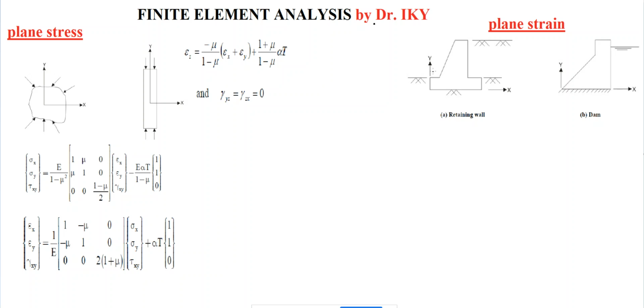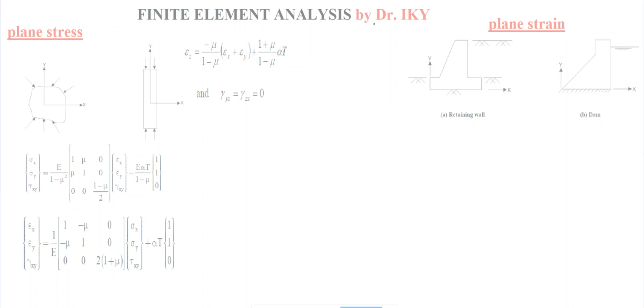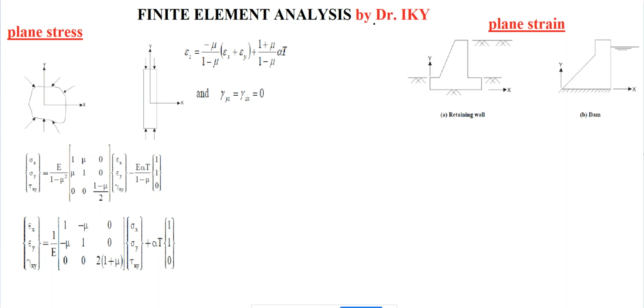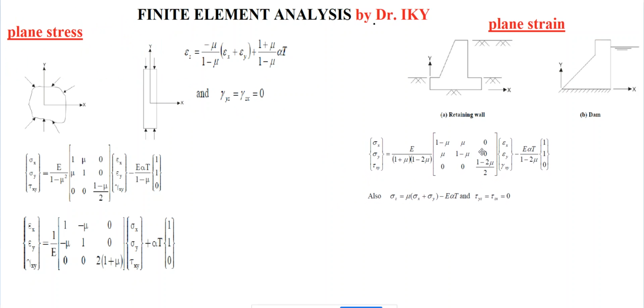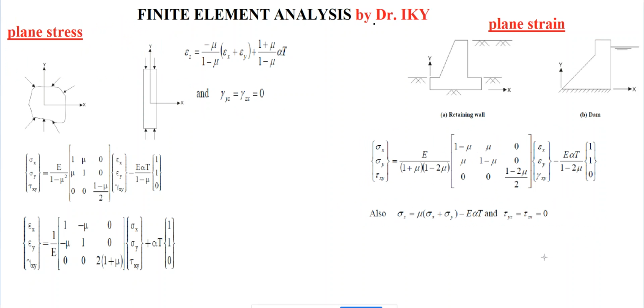Let me give you the equations. We can say that the constitutive relation, elastic isotropic material, and I have to say again here, epsilon z, gamma yz, and gamma zx should be equal to 0.